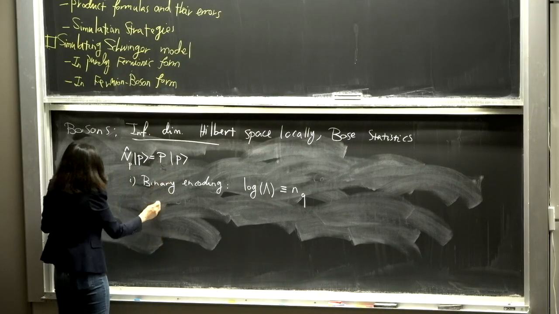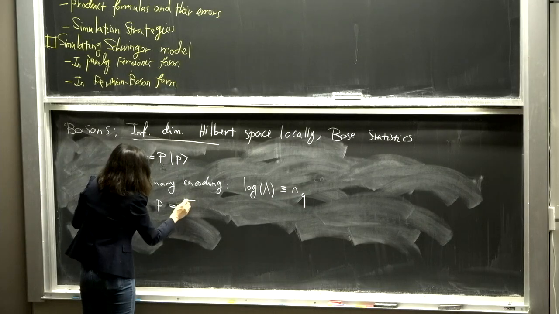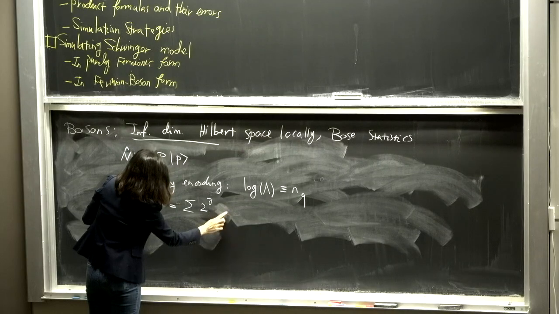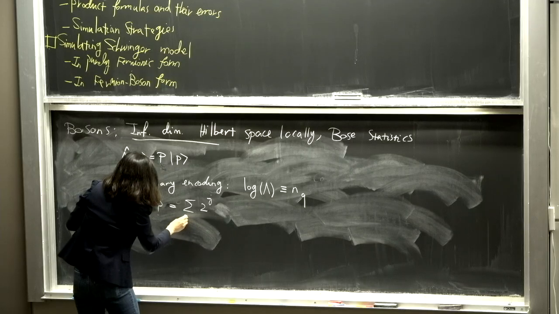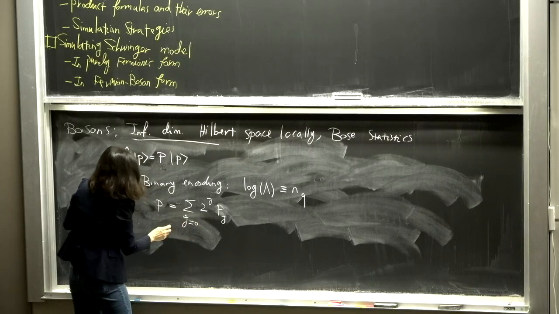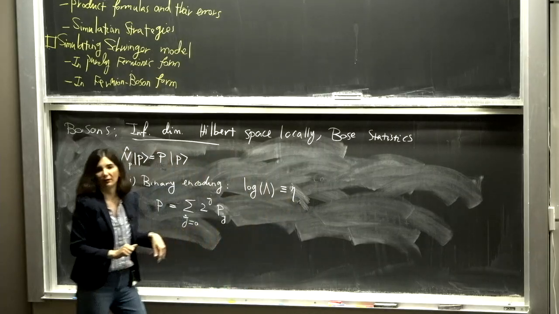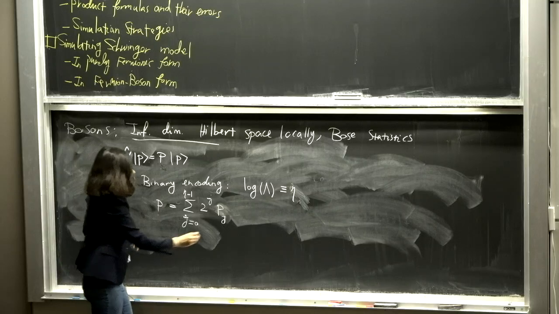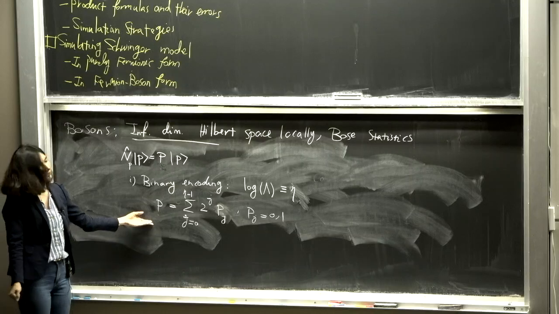Well, we know how to represent an integer in binary, right? Any integer can be written as a sum over j of 2 to the j times pj, where j goes from 0 to, let's call the number of qubits eta, eta minus 1, where pj is either 0 or 1. This is nothing but the binary representation.